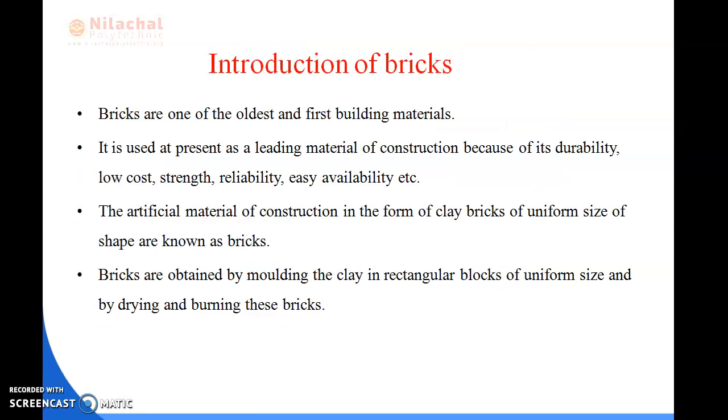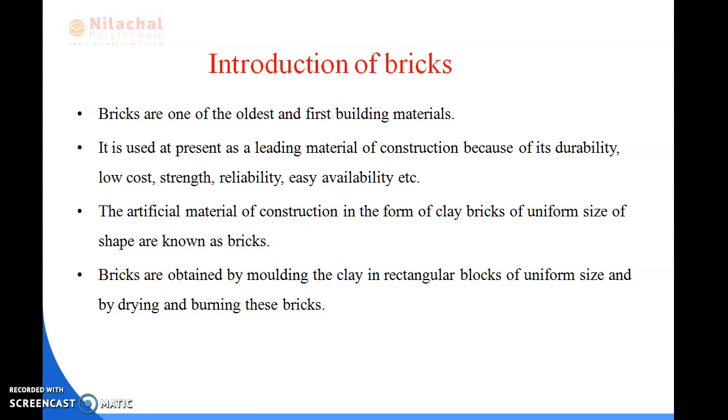Bricks are one of the oldest and first building materials, and are used as a leading construction material for houses, bridges, walls, pavements, roads, etc. And how are bricks obtained? Bricks are obtained by molding the clay in rectangular blocks of uniform size, then drying and burning them.